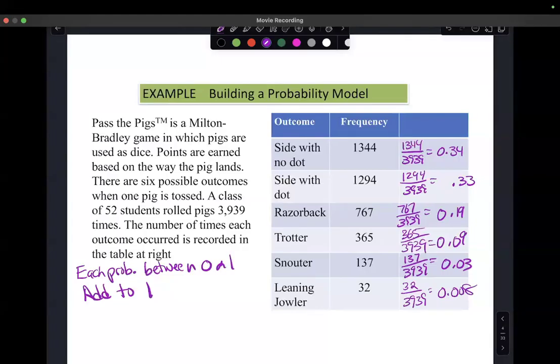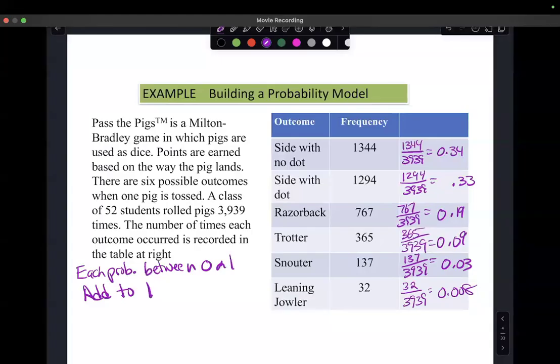I know it's going to be off because I have one of them to 3 decimal places and then the rest to 2. Yeah, I have 98.8, and that's okay because I rounded. It's okay that it's slightly off. If I added them up and it added up to 0.73, there's going to be a problem. But if it's really close, then rounding is a factor. So I rounded, so I have 98.8. That's okay.